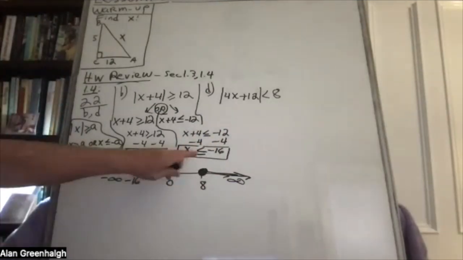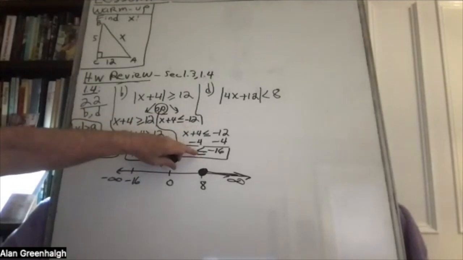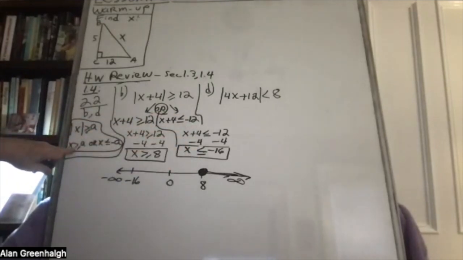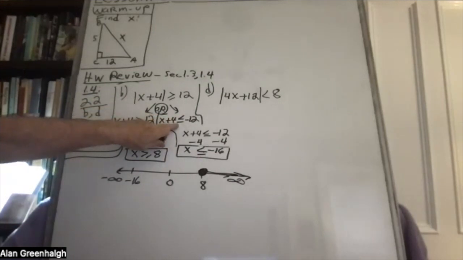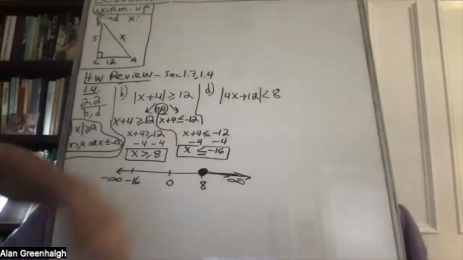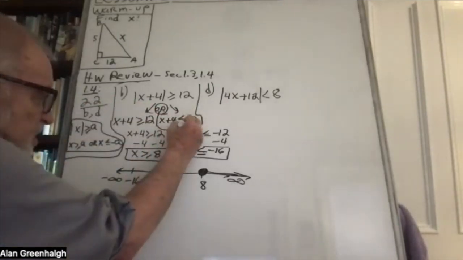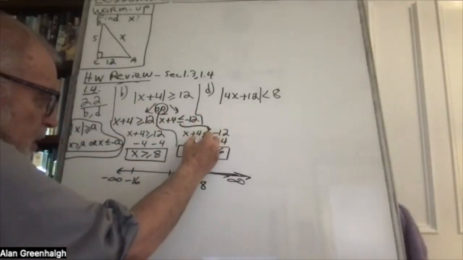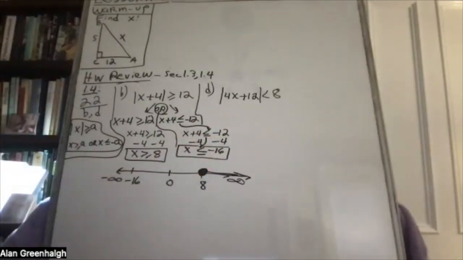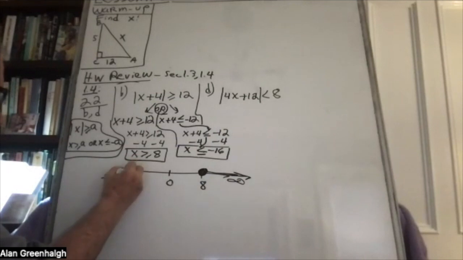Okay, not greater than negative 16, less than negative 16. One of them is greater than, the other one is less than. I've somehow flipped this around from less than to greater than for absolutely no reason. So keep the sign, unless you're multiplying or dividing by a negative number. But in general, keep the sign, and this would look like this.